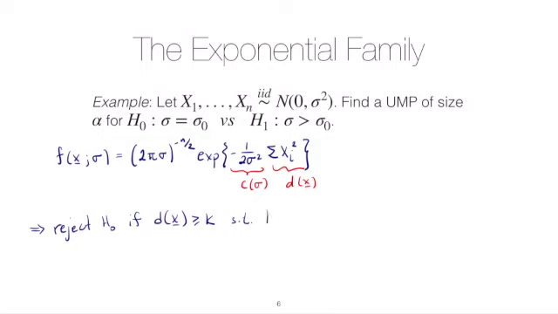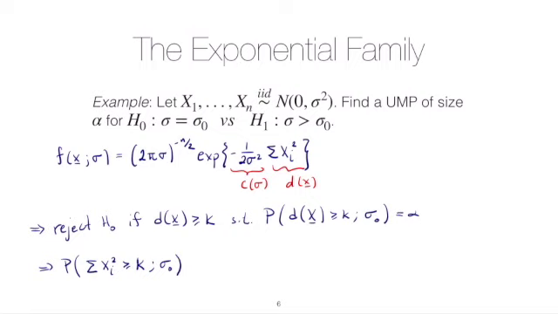where k is such that the probability that D of x is greater than or equal to k under the null hypothesis is equal to alpha. That's equivalent to the probability that the sum of the squares of the xi's is greater than or equal to k under the null being equal to alpha.